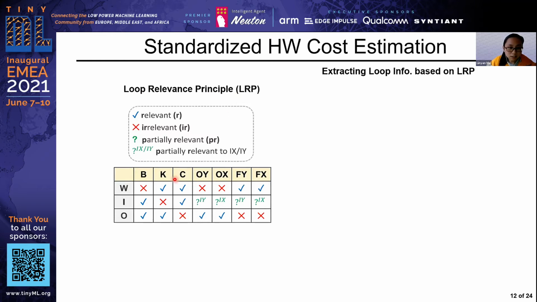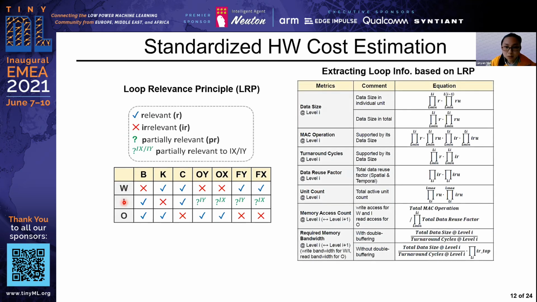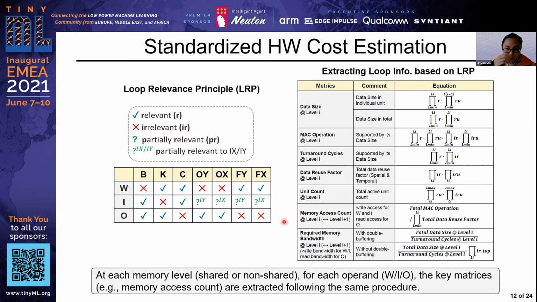Based on the relevant or irrelevant loop dimension for each operand, we can extract a set of equations to estimate, at each memory level for each operand, what the data size is, what the total MAC operation it supports, and the key metric, the memory access count at each memory level for read and write. They can all be extracted following the same largely standardized procedure, which allows you to fit in whatever hardware template you want to try out. So that's our second point.